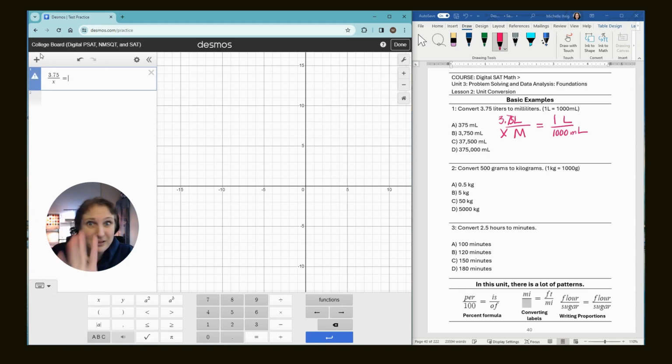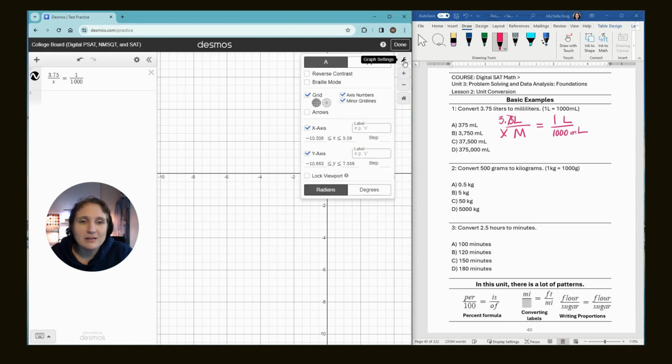It's okay. Don't worry about the graphs. We just want the data. I'm going to hit the divide symbol again and put 1 in the top of my fraction and 1,000 in the bottom. And I can't see my work. So there's 2 ways that you can do it. But the best way is I'm going to hit this little wrench. And look at my biggest thing goes all the way up to 400,000.